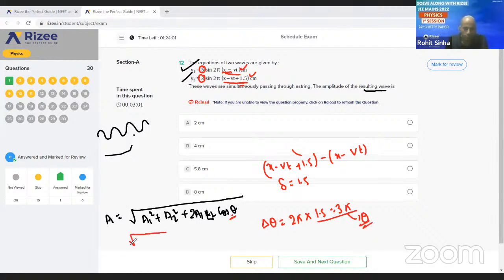What will you get? cos 3 pi, that means pi, 2 pi, 3 pi, so -1 will come here. It will become the formula of a1 minus a2, that means 5 minus 3, a minus b whole square under the root, so the answer will be 2. So just solve it. It will become the formula of a minus b, that is a minus b only. Okay, got it?